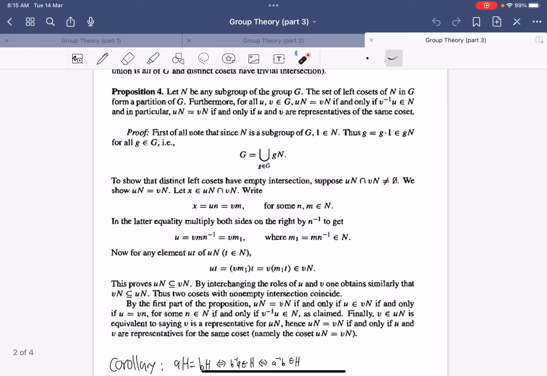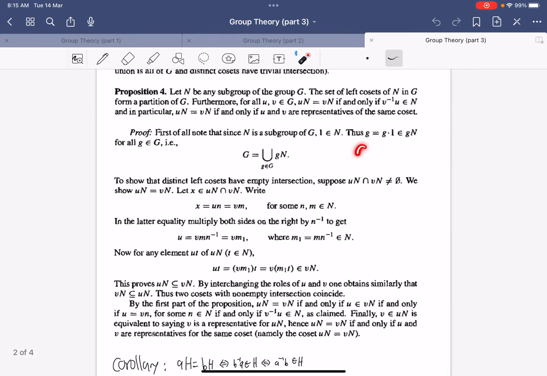That is quite simple, because g equals g times 1, which is an element of gN, the left coset of N with g. So we just take all these g, running through G, over all these left cosets, and we're done.